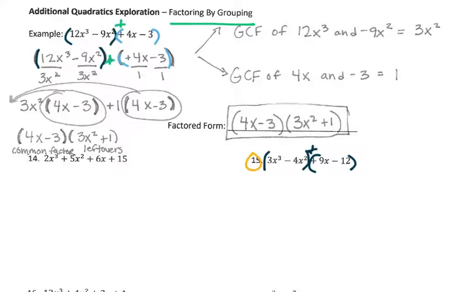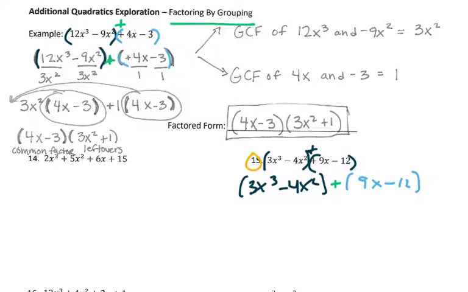So officially on our problem over here, we're going to end up with a 3x cubed minus 4x squared. And then to that, we're going to add the 9x minus 12. So we've taken nothing away necessarily from the actual problem.